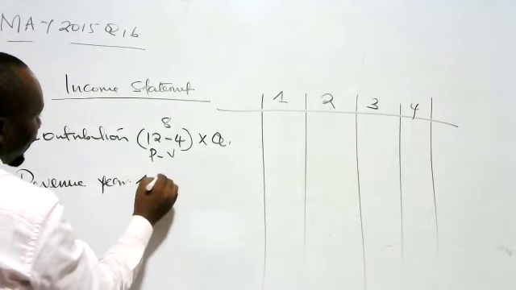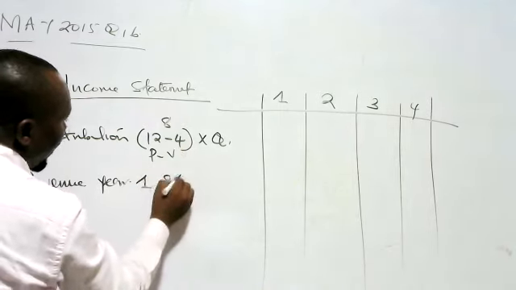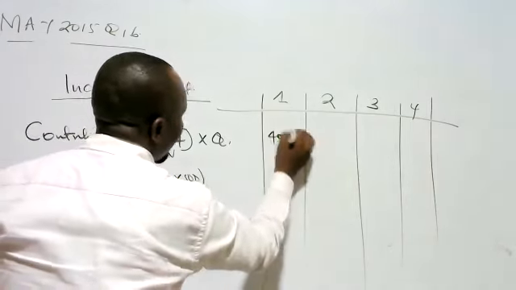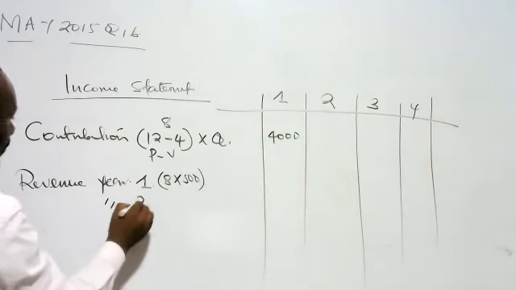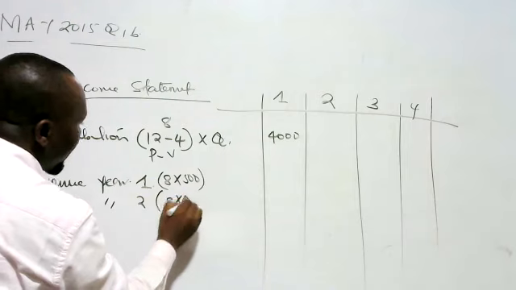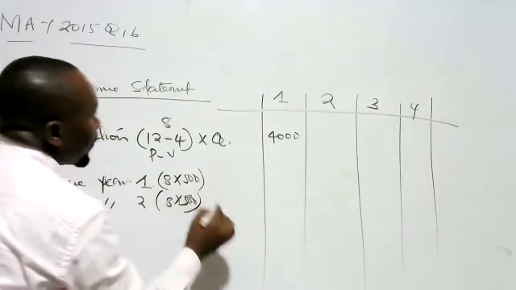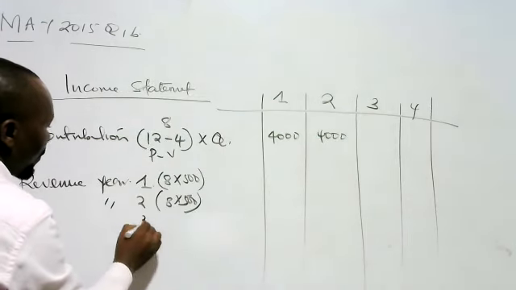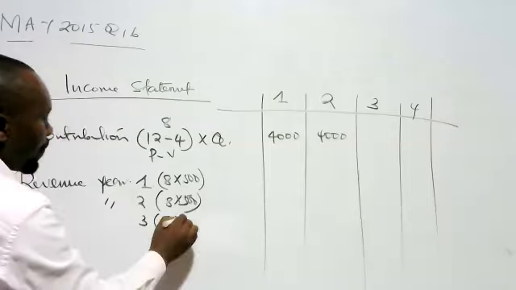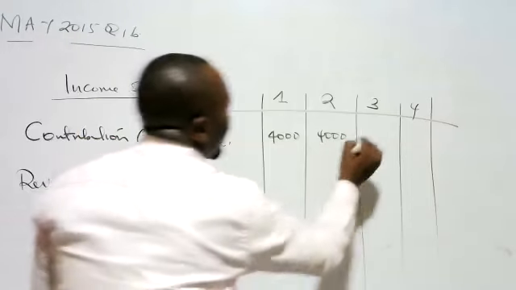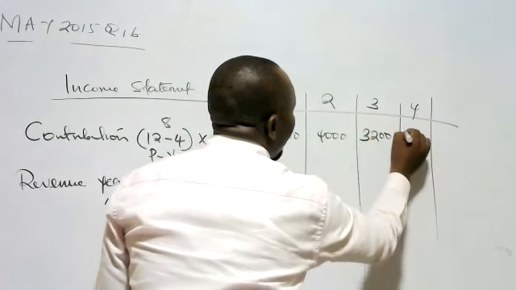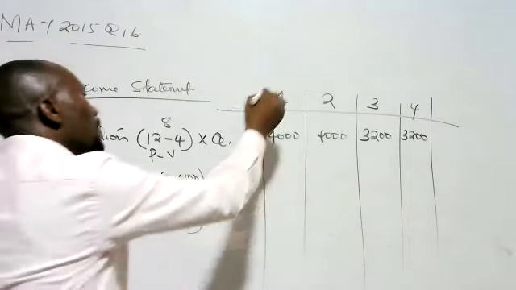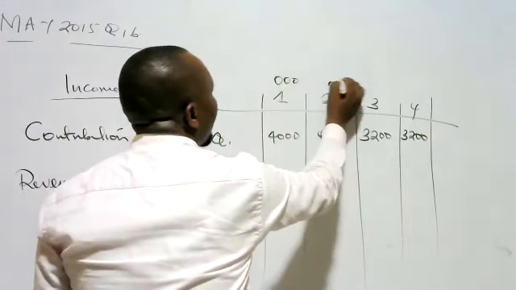Year 1 is 8, which is this, times the 500. We are going to have 4,000. In year 2, we are going to have 8 times 500, which is still giving you 4,000. In year 3, we are going to have 8 times 400, which is going to give you 3,200. Then year 4 also 3,200, because they are the same. That is your revenue, and the amounts are in thousands, so you should not be worried.